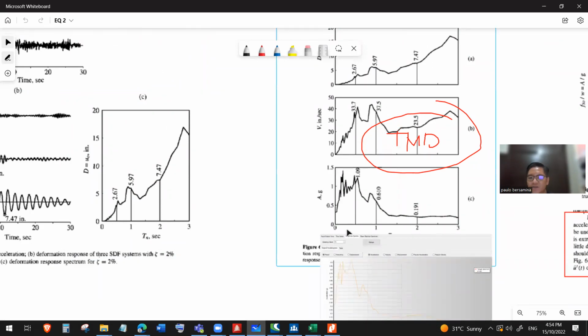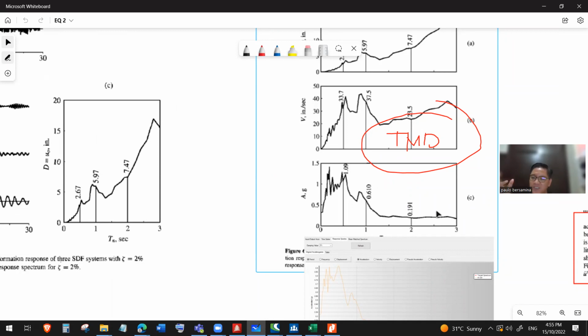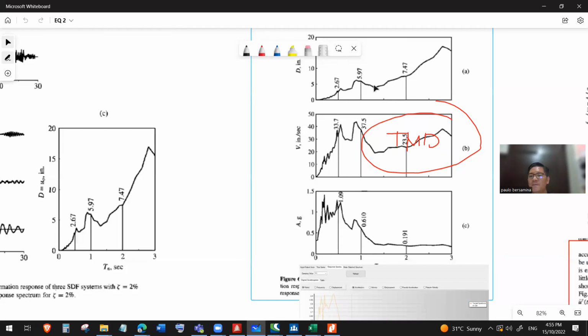Looking at this curve, as we were able to derive mathematically, long period structures, say 2 seconds, 20 story, and even 10 story, tend to have low spectral acceleration, because they become flexible. However, their deformation increases.